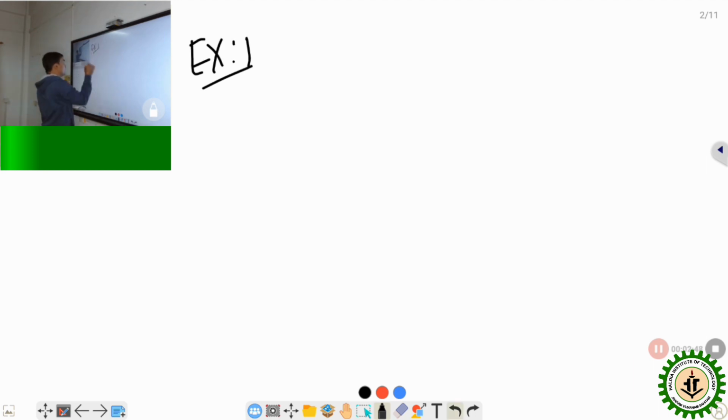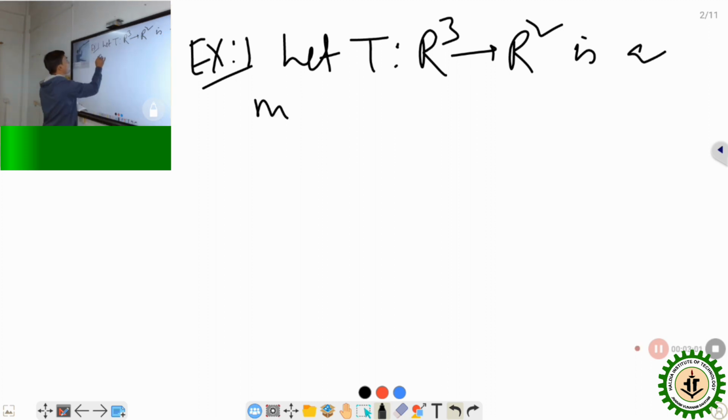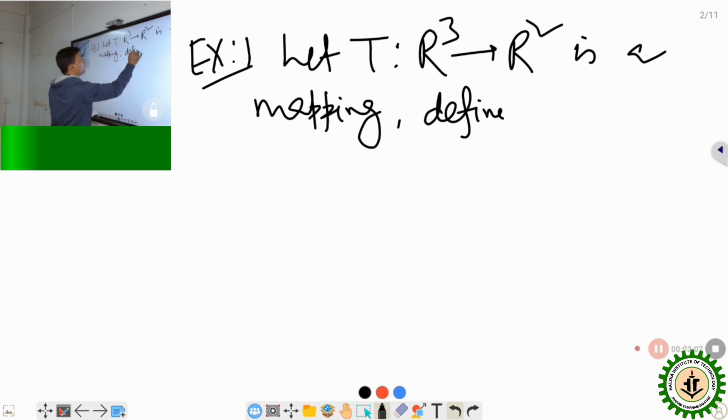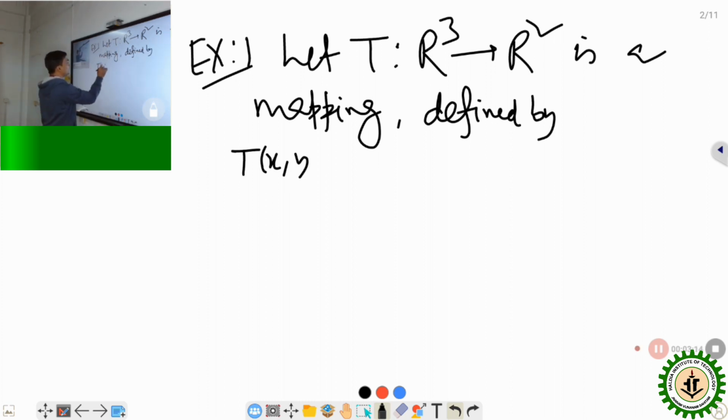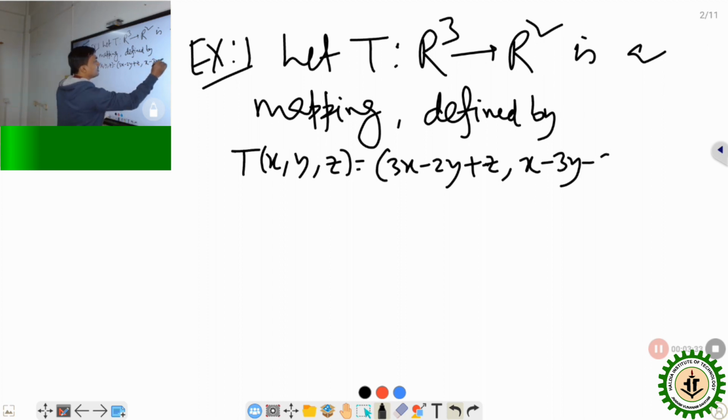Problem number 1: let T be a mapping from R3 space to R2 space defined by T of (x, y, z) equals (3x minus 2y plus z, x minus 3y minus 2z).